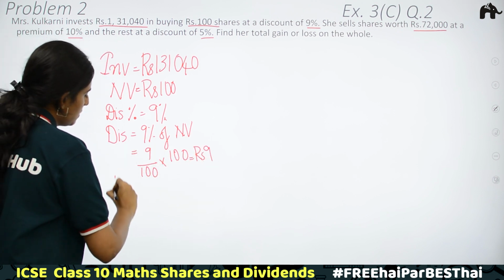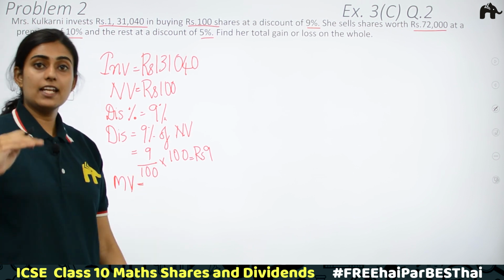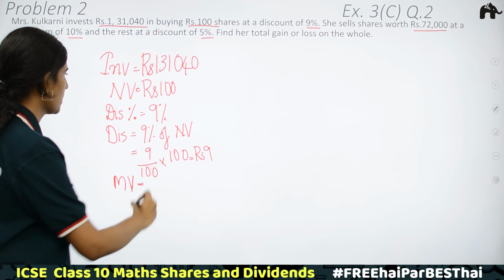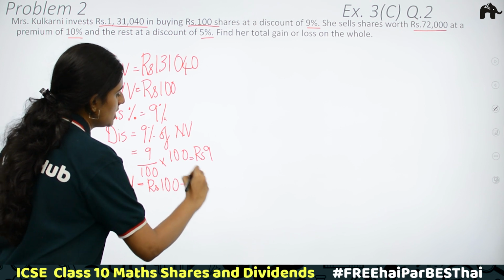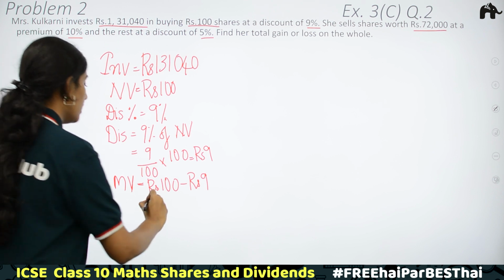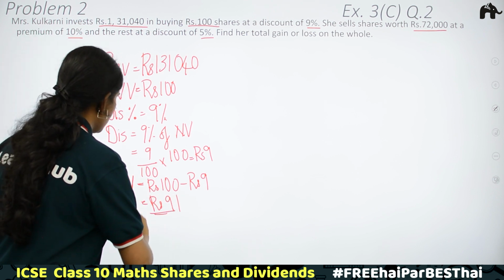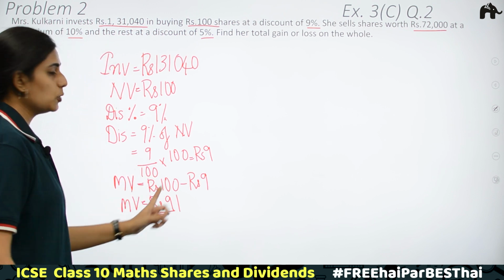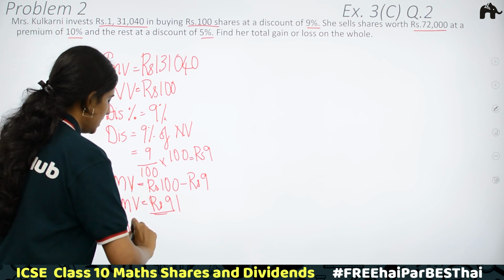Then what is the market value? Market value will be less than nominal value. Market value is equal to rupees 100, that is the nominal value, minus rupees 9. 100 minus 9, rupees 91. Market value of one share is equal to rupees 91. Now we can find the number of shares easily.